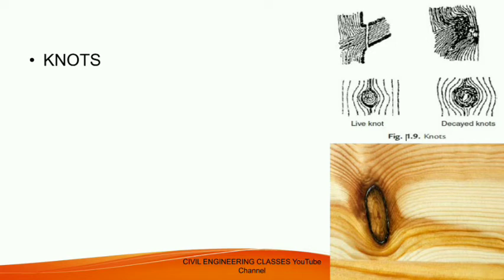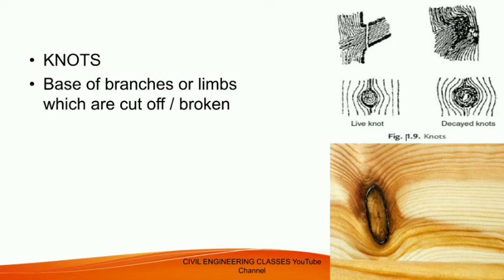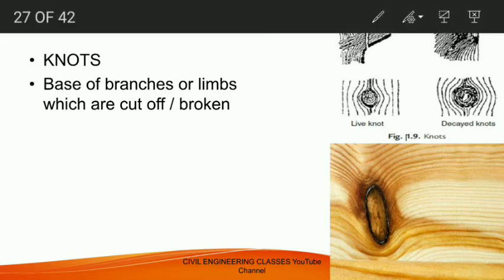Next is knots. It is a very important defect. It is asked in many exams. Knot means that the branches or the limbs which are cut or broken will leave some kind of mark in the trees. They are called knots.